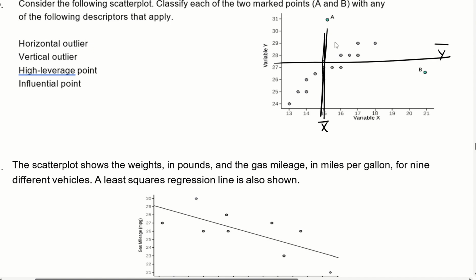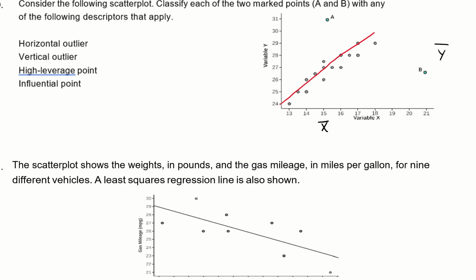So I would say A is definitely a vertical outlier, because if most of the data is here, which is where x bar and y bar are going to cross, then A is far away in the vertical direction.